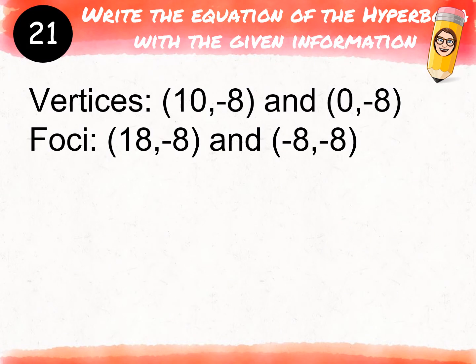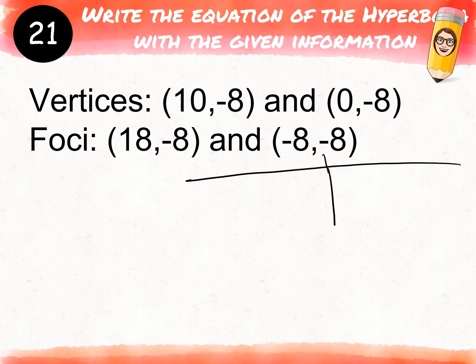Alrighty, let's take a look at example 21. I'm going to draw a little sketch again because that's just how I understand this information the best possible way. It looks like I need third and fourth quadrants.